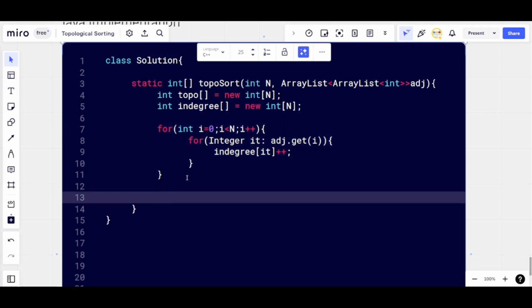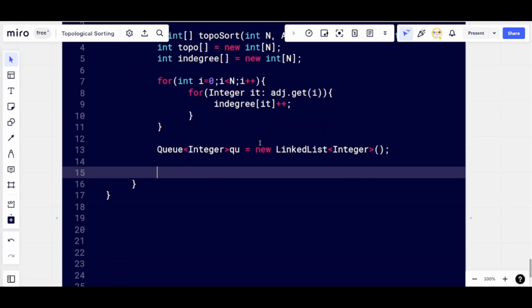Now I will declare a queue. So let's declare a queue of integers. Let's call it qu, new LinkedList of integers, and that's all. So this is my queue.